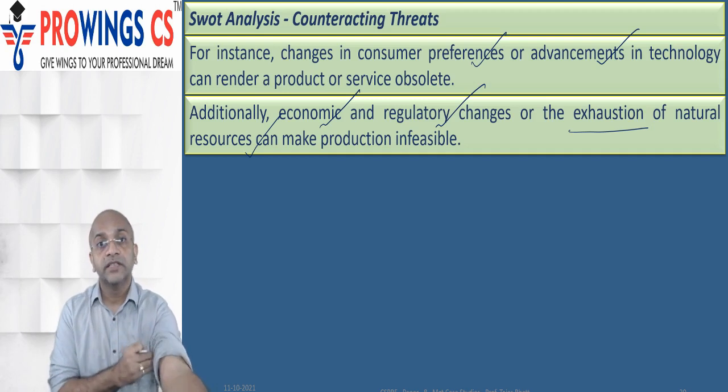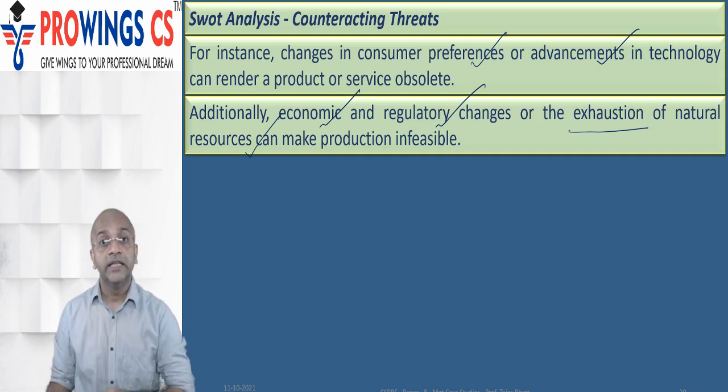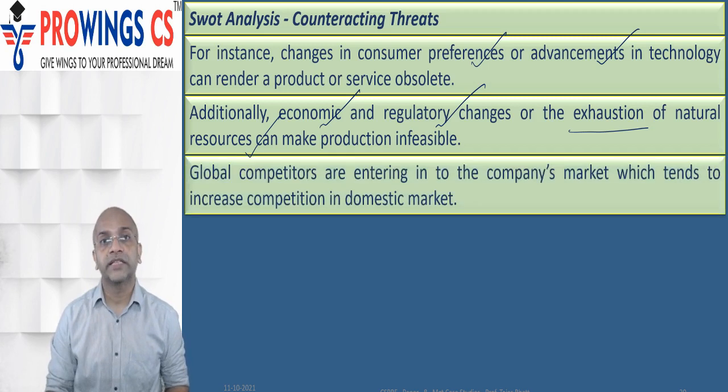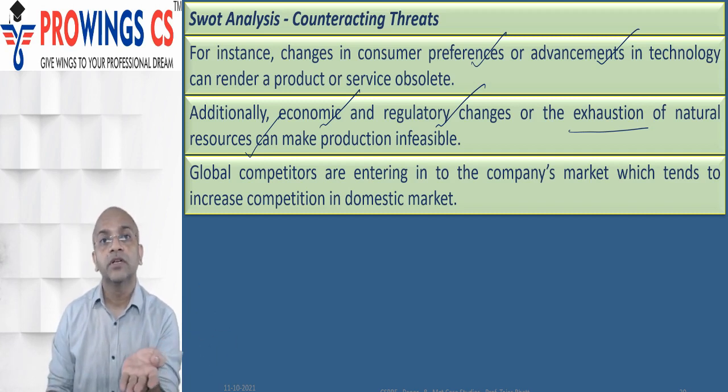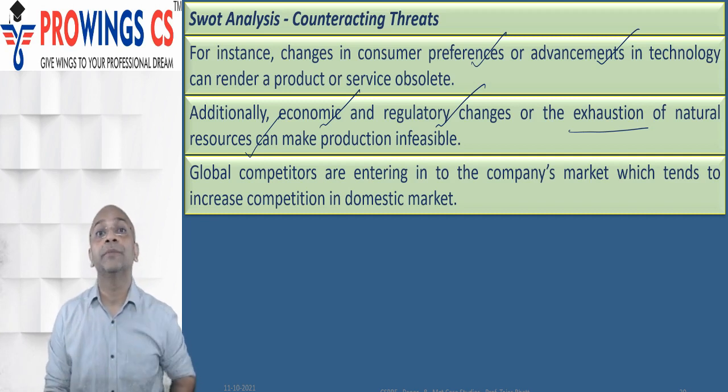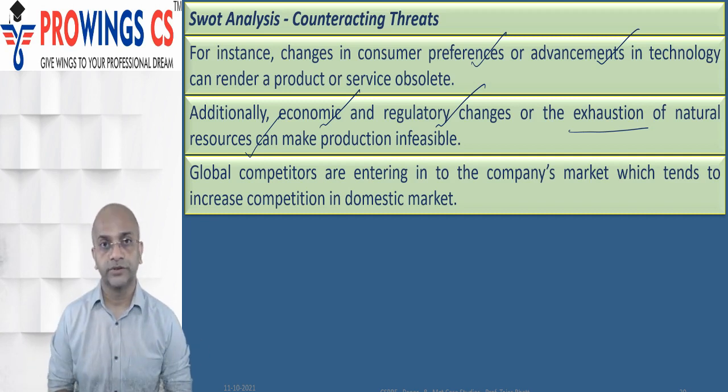And these kinds of things can definitely create threats for our existence, and we need to be very much ready for it. Global competitors are entering the company's market, which tends to increase competition in the domestic market, and that is required. Say Amazon coming into the medical field, meaning pharmacy, delivering your medicines online with a huge amount of discount, because Amazon has huge backup with respect to financial situation.